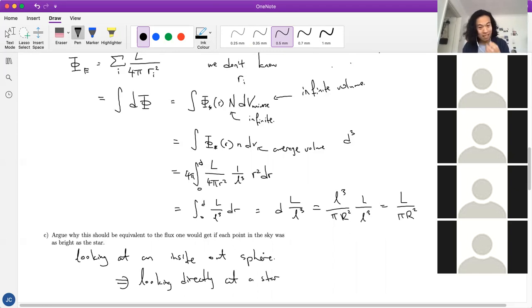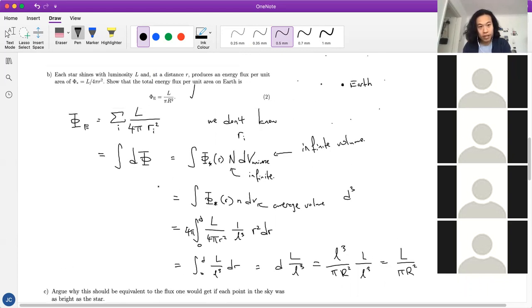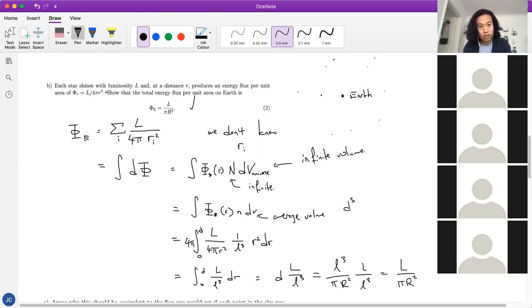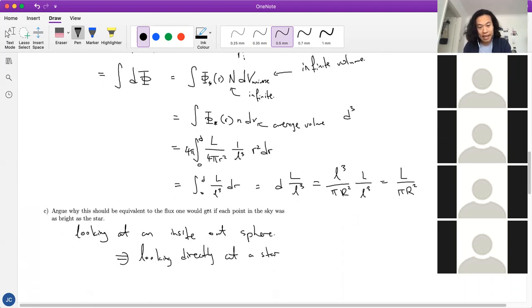And that works exactly the same, because if you're looking at any single point, we said before that the star shines with the luminosity per unit area given by this. And you're looking at the entire star, then, this is a bit more annoying to explain than I expected.